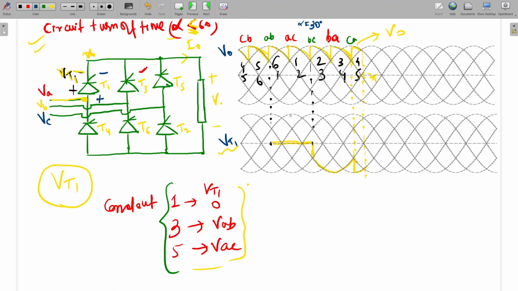So after this point, it will start following VAC. And here also, if 5 conducts, 4 5 and 5 6 are conducting. So which is VAC? This one only. So it will be like this only. Is it clear?